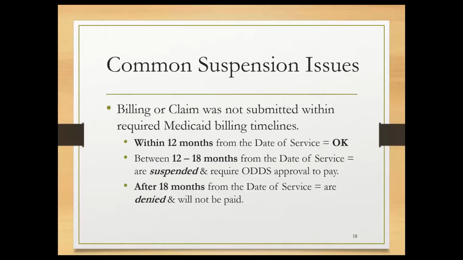Unfortunately, because of Medicaid rules, anything after 18 months from the date of service will be denied. Medicaid says that the payments can't be issued for anything over 18 months from the date of service.